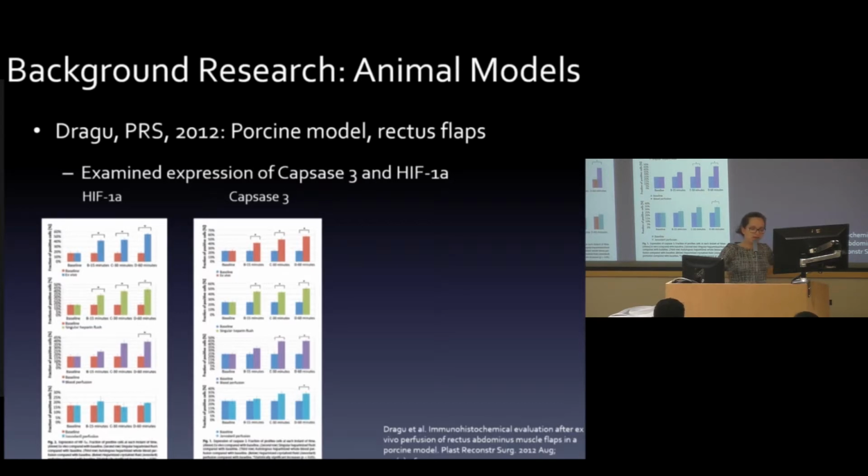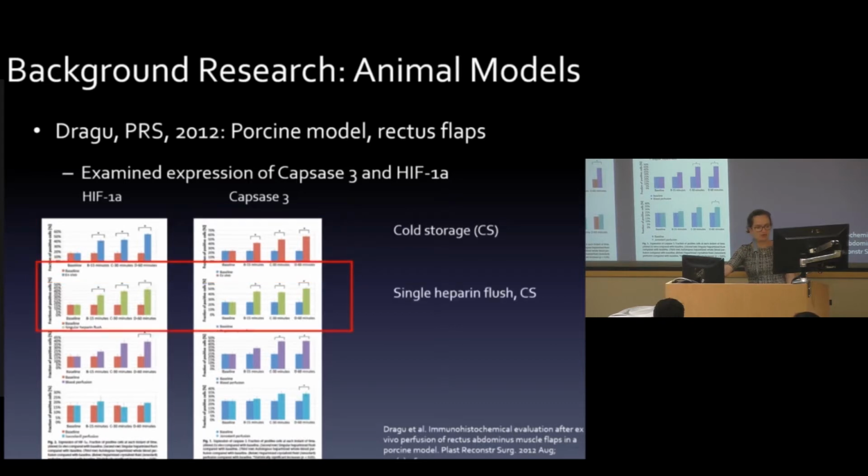So there were 4 experimental groups here, which I'll go over, and they compared biopsies of the muscle at 15 minutes, 30 minutes, and 60 minutes to a baseline amount of each protein. In the cold storage group, they found increased amounts of all the proteins at every time point.